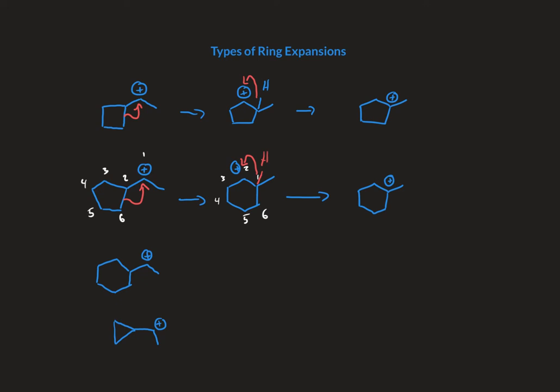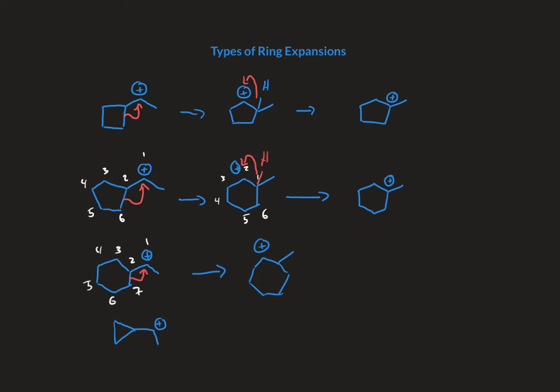6-membered rings do not undergo ring expansion, and this is why. If you were to do this ring expansion, you have 1, 2, 3, 4, 5, 6, 7. That forms a 7-membered ring with a methyl group hanging off of it and a carbocation there.